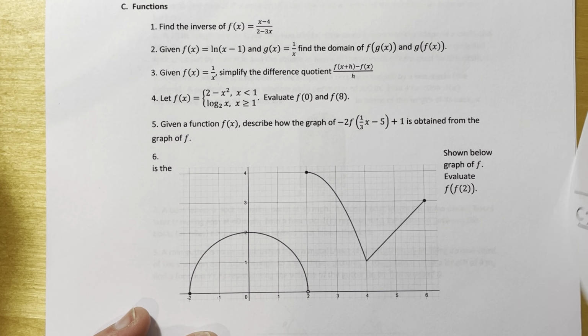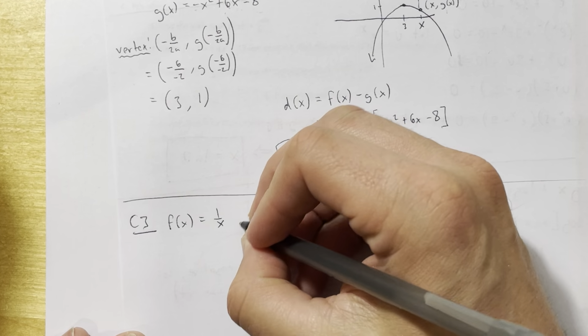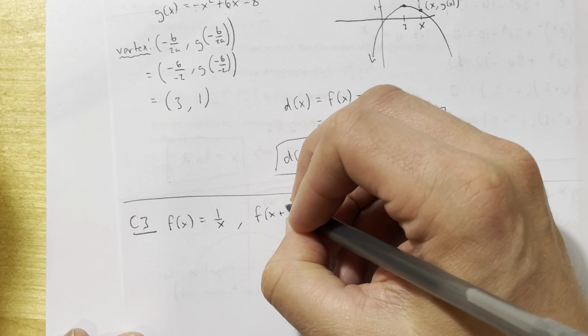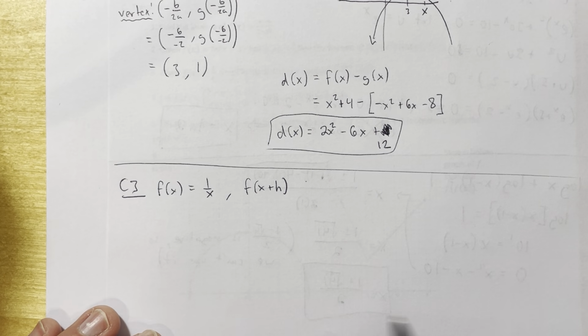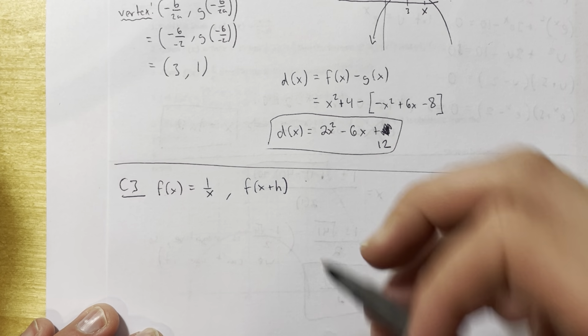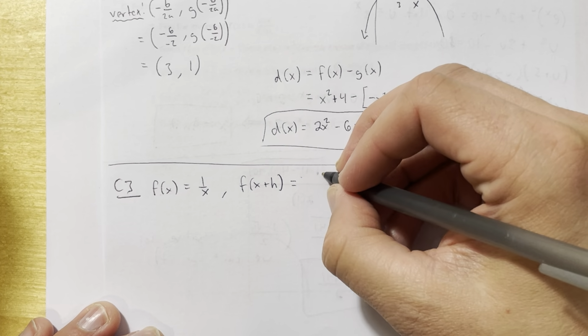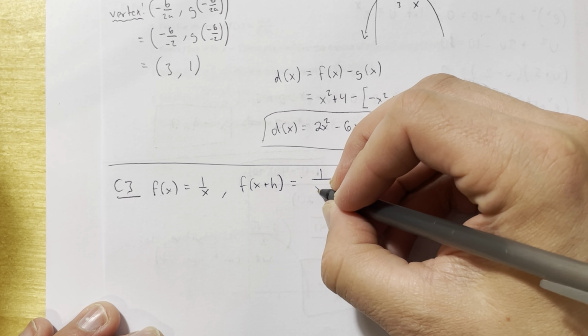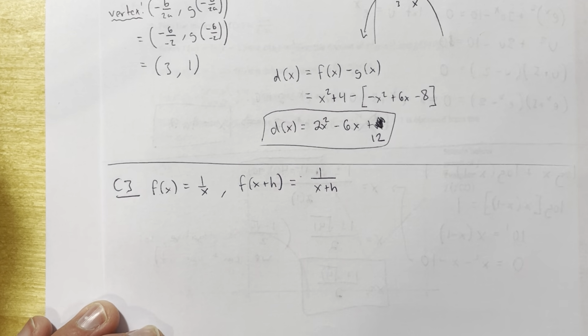So what does f of x plus h mean? All that means is that I'm taking my function f of x and I'm plugging x plus h in for the input, which shows up in my denominator. This is the same as 1 over x plus h, okay?